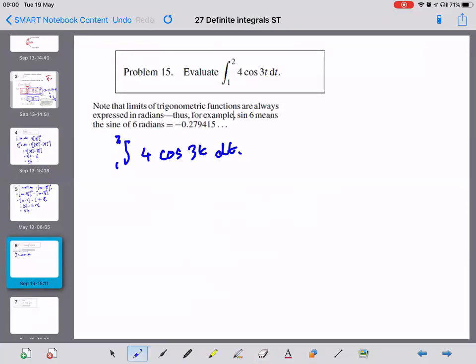So the first thing we could do is take 4 as a constant multiple outside the integral. And when we integrate cos 3t, what do we get as integration?